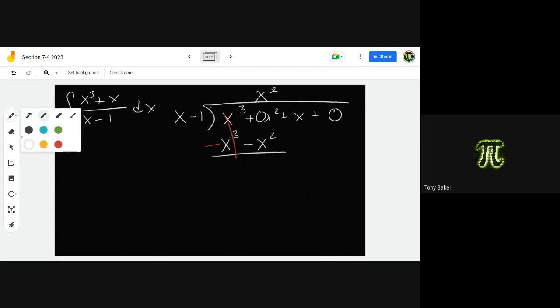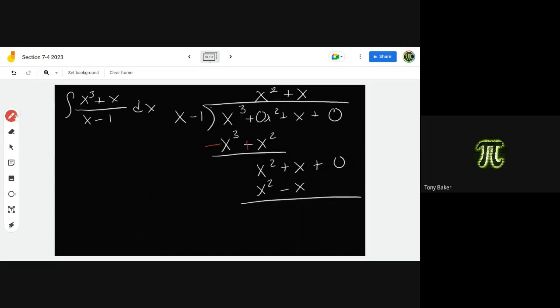So I have x squared, and then bring everything else down. X goes into x squared once, so that's an x. I multiply, and because I'm subtracting, I change the signs.